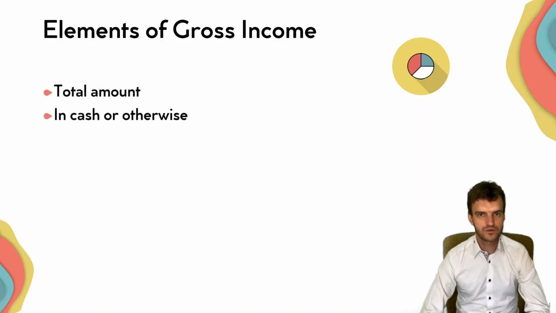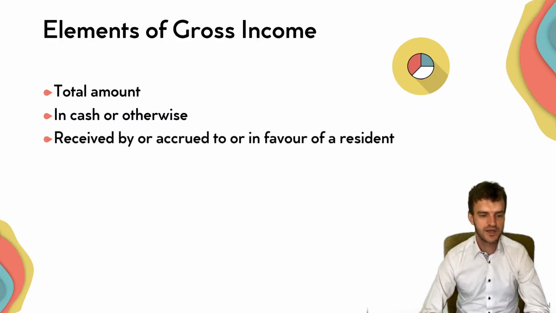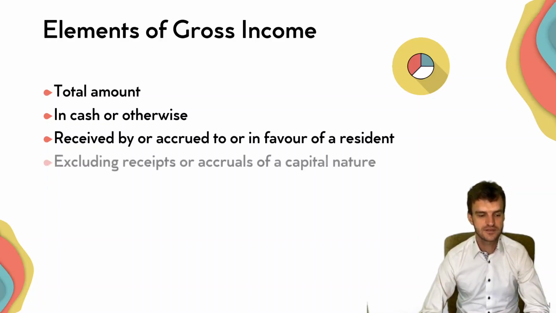So gross income is the total amount in cash or otherwise that is received by or accrued to or in favor of a resident, and excluding receipts or accruals of a capital nature.